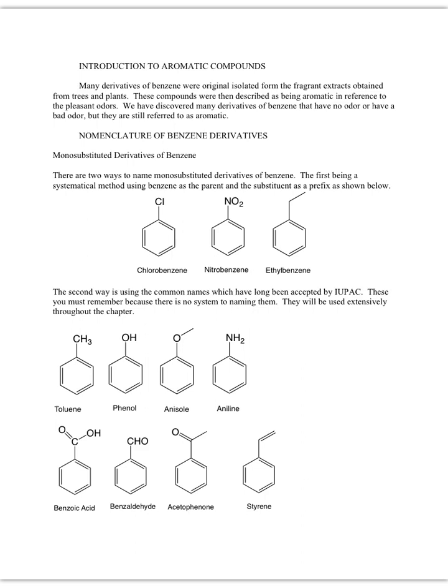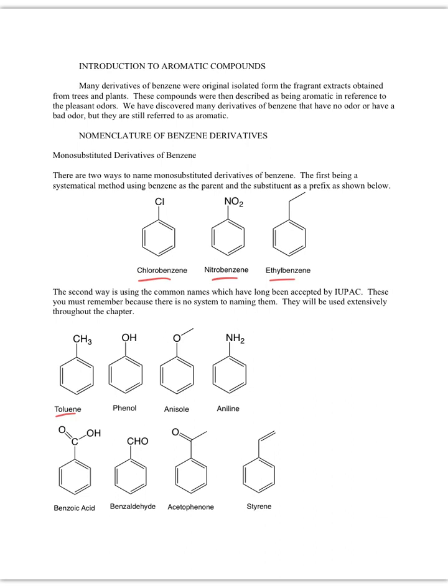But if we have a monosubstituted aromatic ring, we can just say what the substituent is: chlorobenzene, nitrobenzene, ethylbenzene, methylbenzene, those type of names. Some of them, like methylbenzene, if you go looking for it, you won't find it as methylbenzene, but instead you'd find it as toluene.